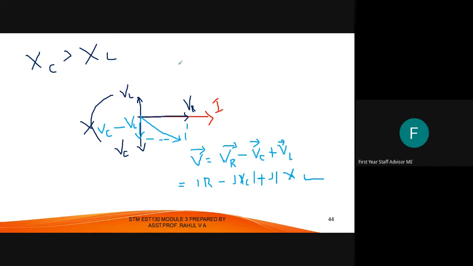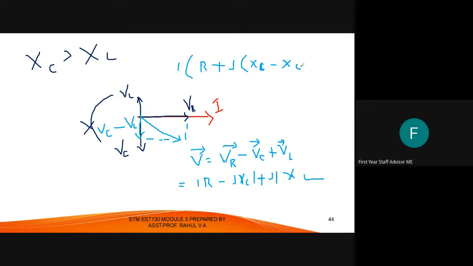So finally, if I take I outside, what I will get is R plus j into XL minus XC.